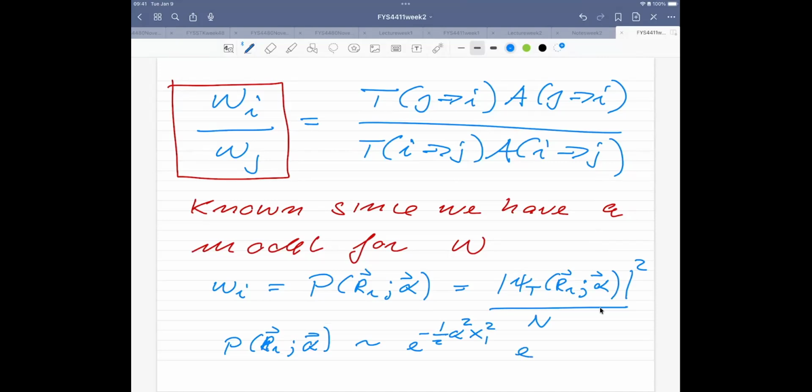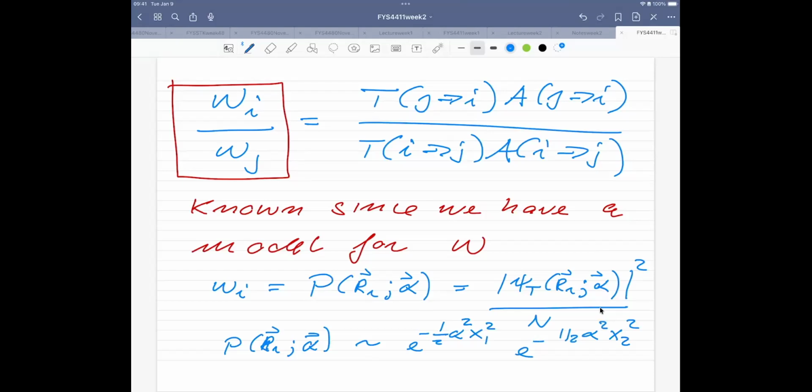And this is multiplied with e to the minus 1/2 alpha squared times the position of electron 2, squared. And now you see you can repeat that for many electrons. Now, if I have, let's say, 100 electrons or 100 particles, then clearly I would have to evaluate this for 100 particles if I move all 100 particles.